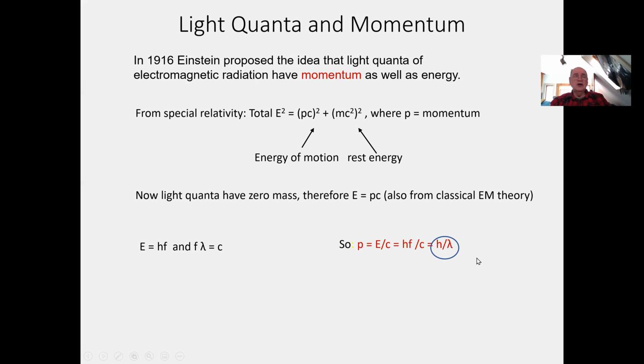But he puts this forth, that individual photons have momentum, like particles, measured in this way, Planck's constant over the wavelength of the photon. I know it's crazy to even speak of a particle having a wavelength, but there we have it. You're in the middle of quantum theory. What can I tell you?